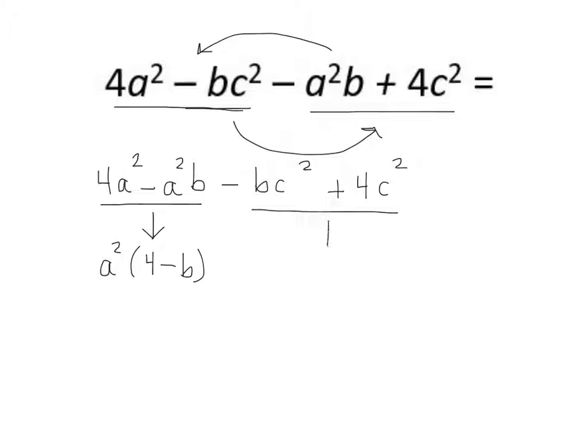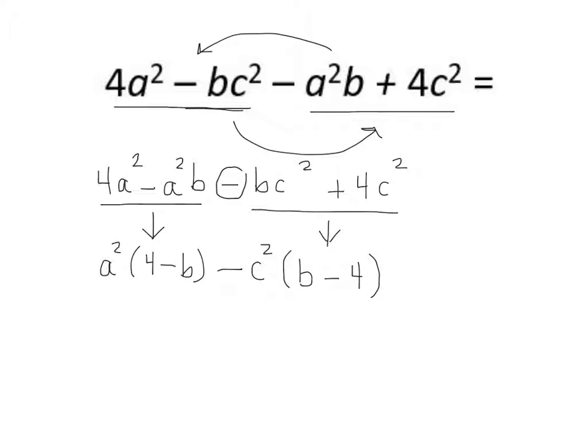In my second group, what I notice that they have in common is a c squared. And remember, if there's a minus in front of that first term, bring it out with your greatest common factor. So I'm going to divide everything by negative c squared. Well, that'll give me a b for my first term, and that'll give me a negative 4 for my second term.